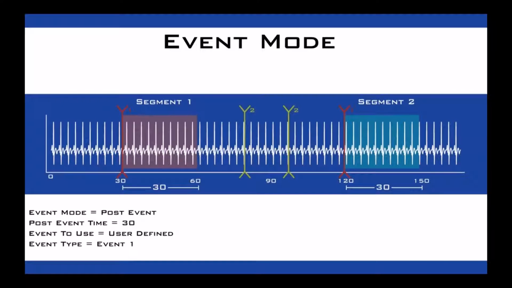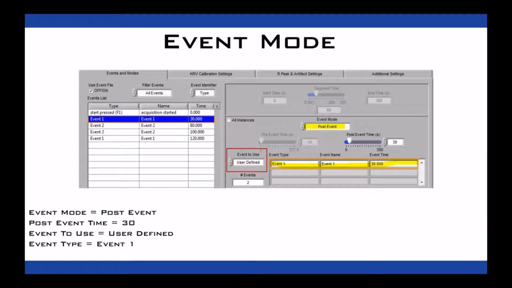What that's going to do is give you a reading very similar to this one right here. To explain this a little better, we have an event identifier up here, which gives you the option to choose between type or name. If you choose type, then over here we have type as a column.